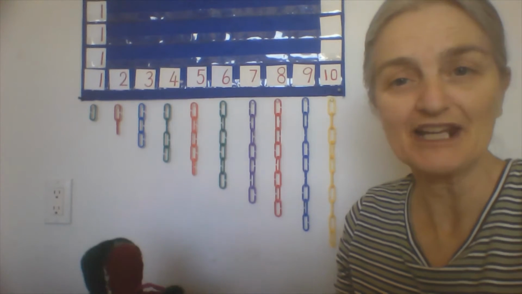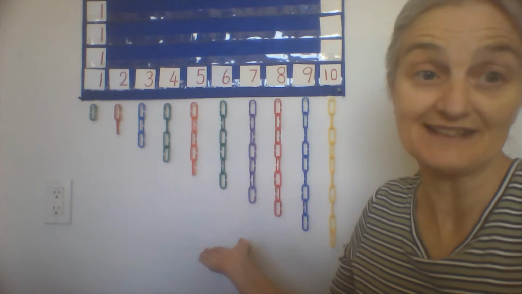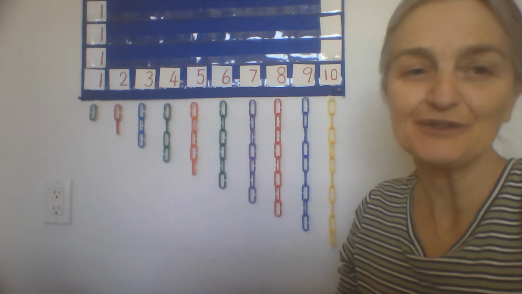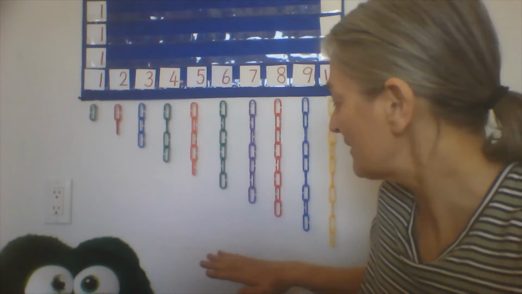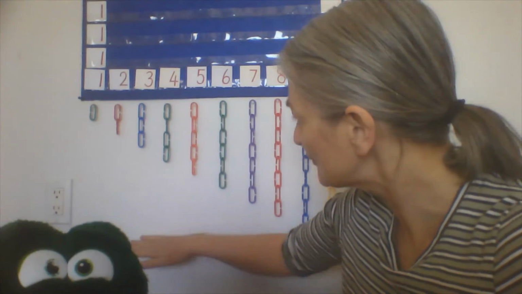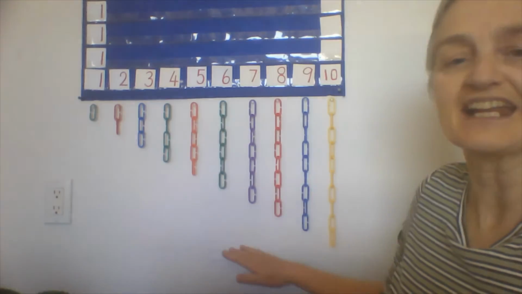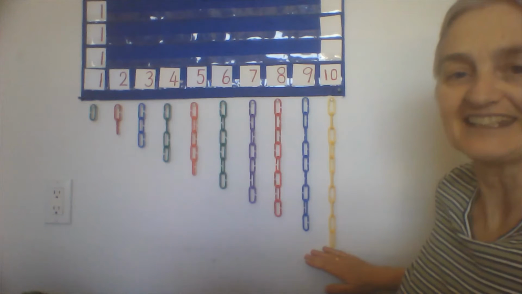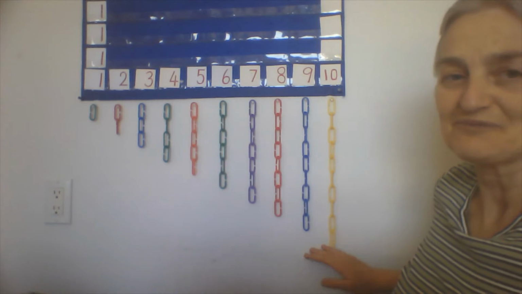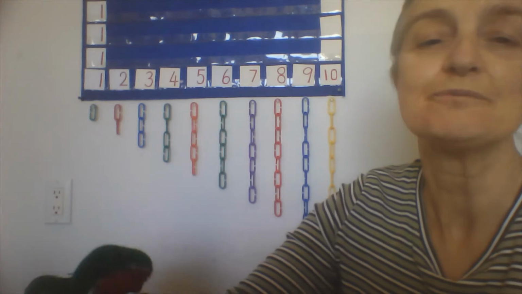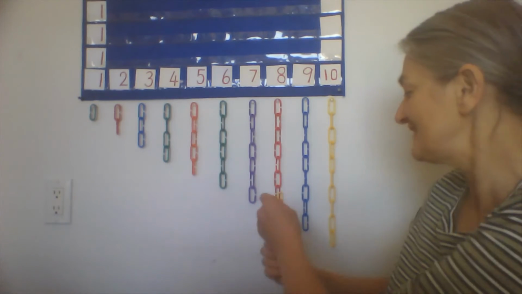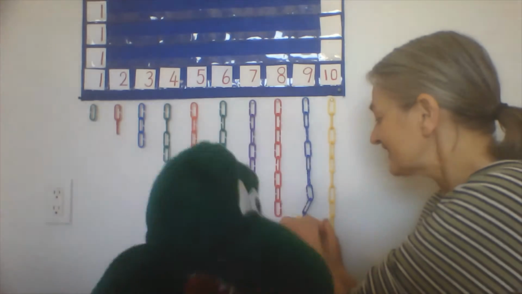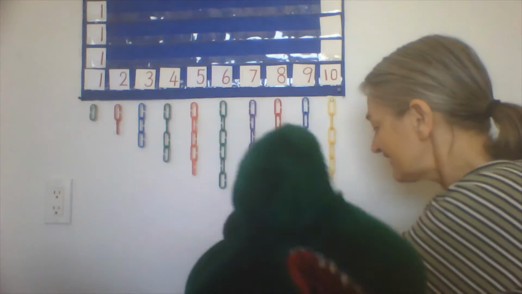Now if I wanted to make all these numbers be 10, I would have to add enough chains to make it all come down to be the same length as 10. So to make 9 be 10, I'm going to see if I can get it to be the same length as the 10.